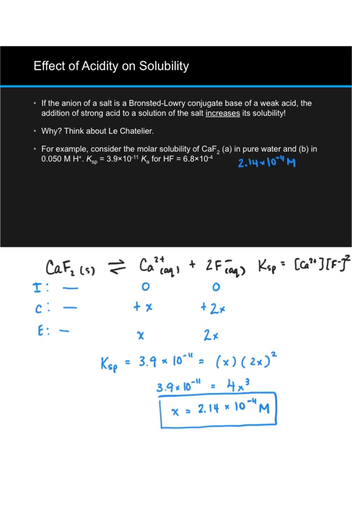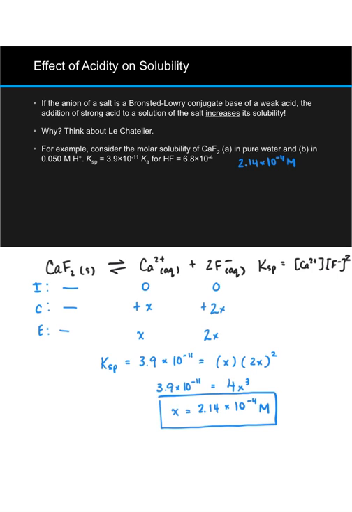Next, what we'll do is calculate the solubility of calcium fluoride in a solution of acid, perhaps hydrochloric acid, at a concentration of 0.05 molar. Again, it seems intuitive that in an acid solution, calcium fluoride ought to be a little bit more soluble.